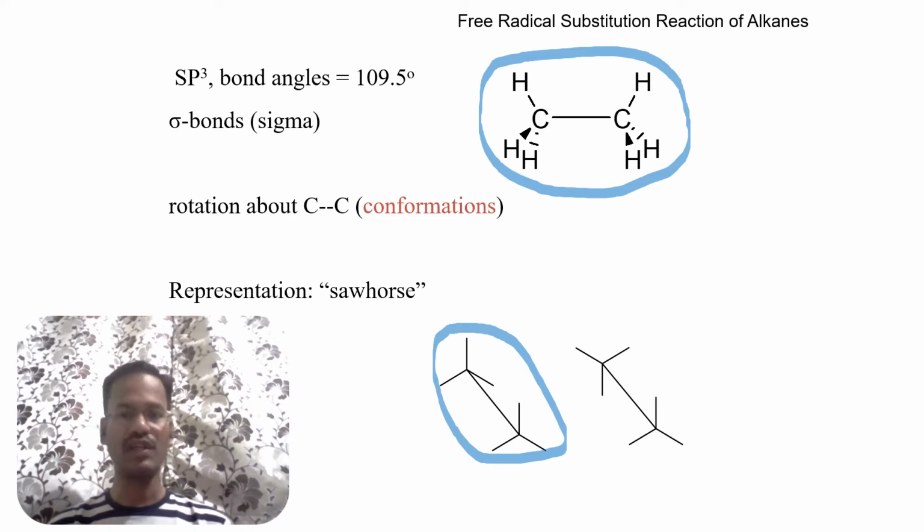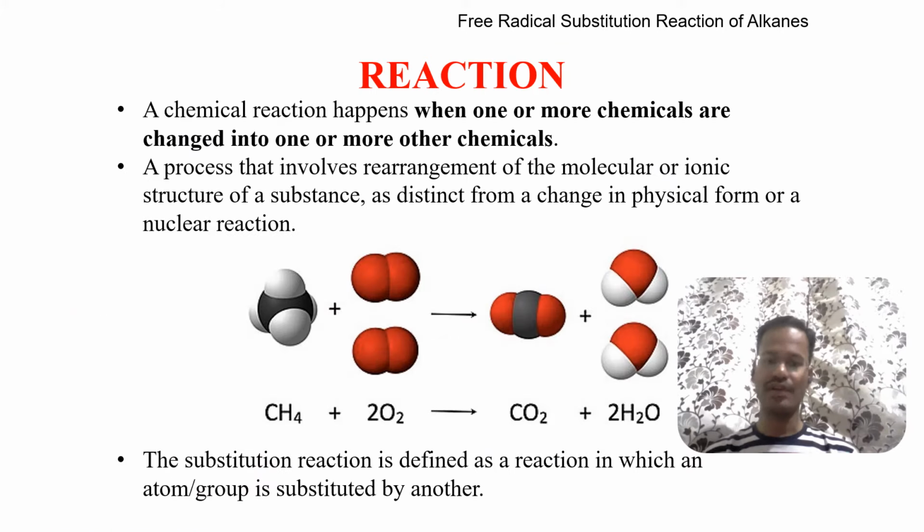Yeah, good. And now let us see what a reaction is. To be very clear, a reaction is nothing but the breaking of one bond and formation of another bond. When a chemical reaction is happening, when one or more chemicals are changed into another type of chemical, that is what we generally define as a reaction.